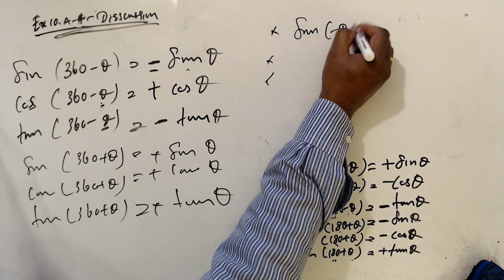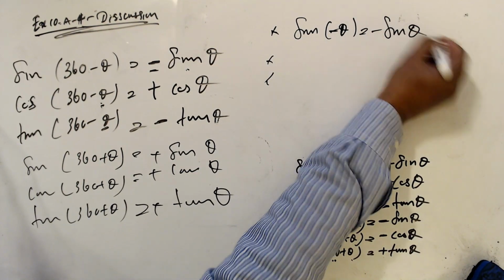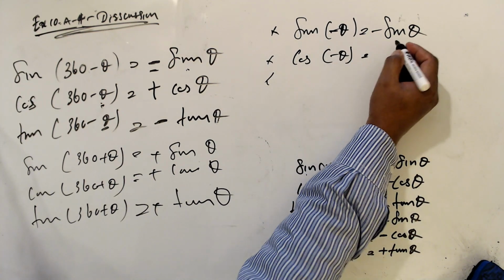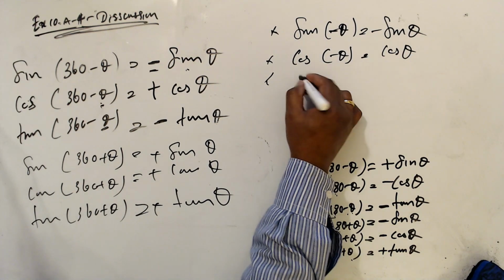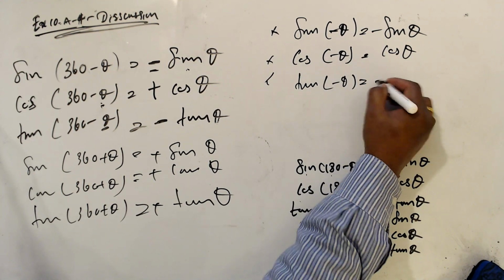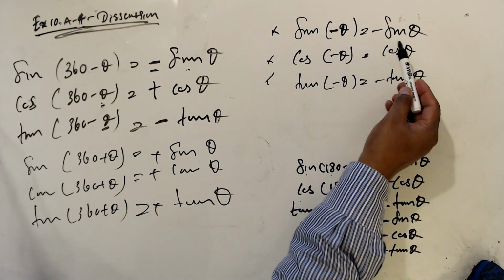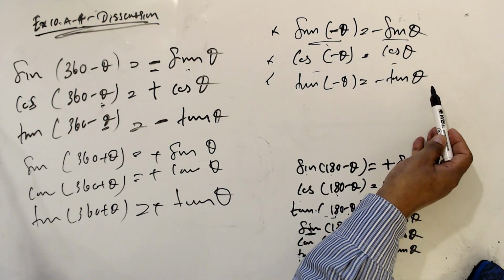Sine minus theta equals minus sine theta. Cos minus theta equals cos theta. Tan minus theta equals minus tan theta. If you draw those graphs, you can see they are the same.